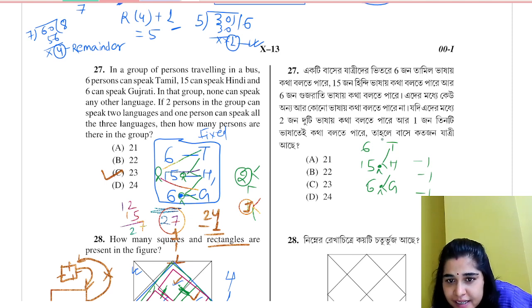If we consider their single language, suppose they are saying Tamil and they are saying Gujarati, then there is one language and one language left. So one person will say two languages.